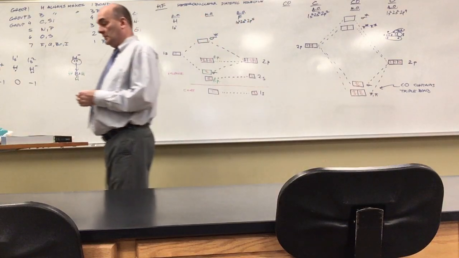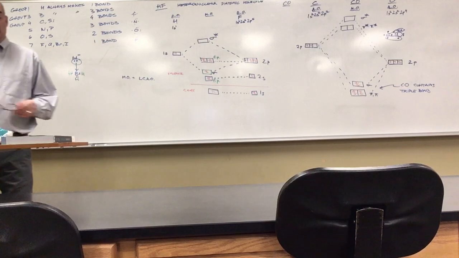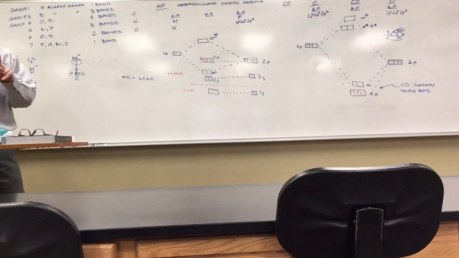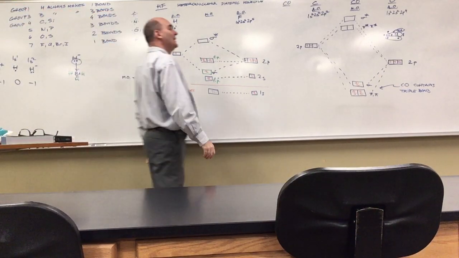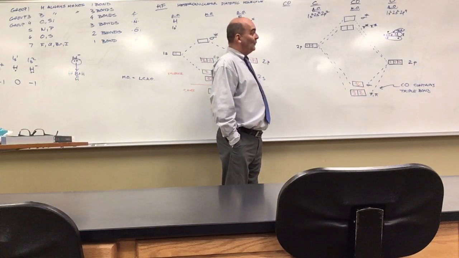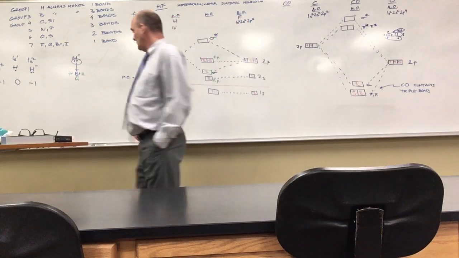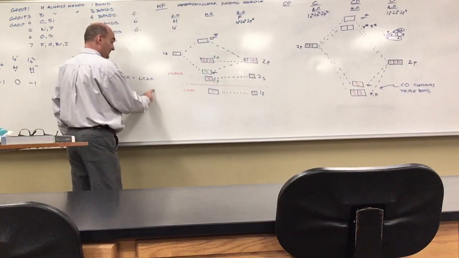You have a triple bond between the carbon and the oxygen. That's going to give us something that we really hadn't anticipated, and we're going to use later on. So, 1, 2, 3, 4, 5, 6, 7.